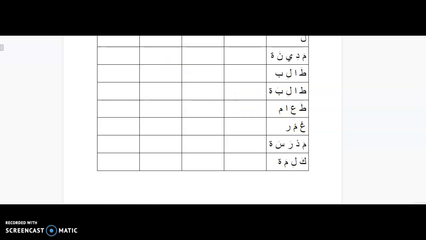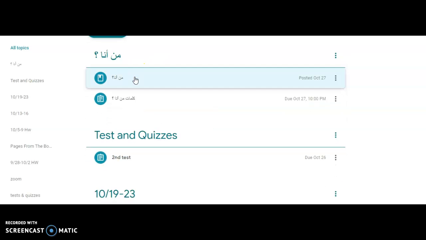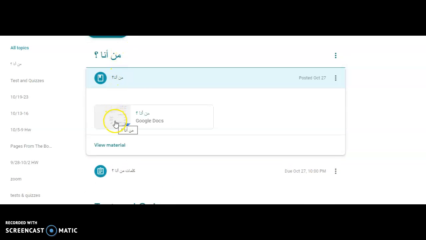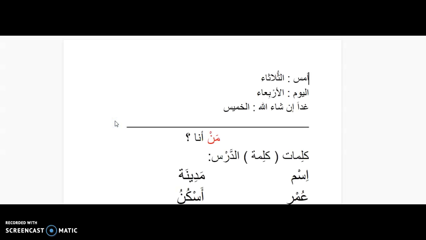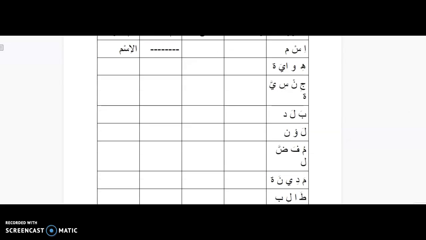If you go to Google Classroom, you're going to go under classwork, okay? Under classwork, you're going to see Man Ana. That's the material. You're going to click, let me close this one. You're going to click here, and when you click here, you click on this one. And when you go here and scroll down, you're going to find the homework.